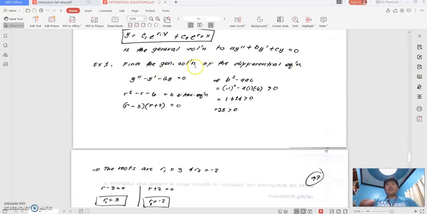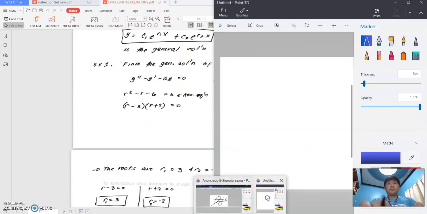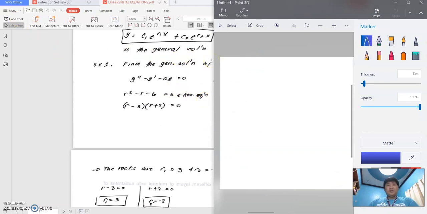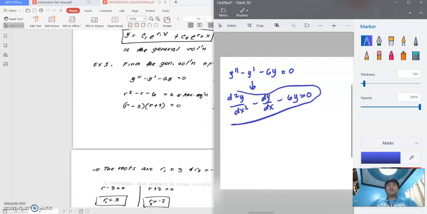The given equation is a higher order differential equation, a second order: d squared y over dx squared minus dy over dx minus 6y equals 0. Translating, y double prime minus y prime minus 6y equals 0. This is equal to d squared y over dx squared minus dy over dx minus 6y equals 0. They are equal.